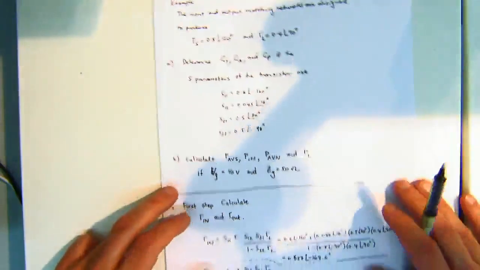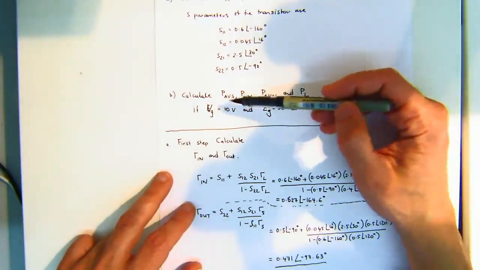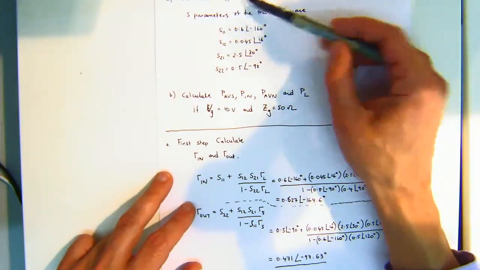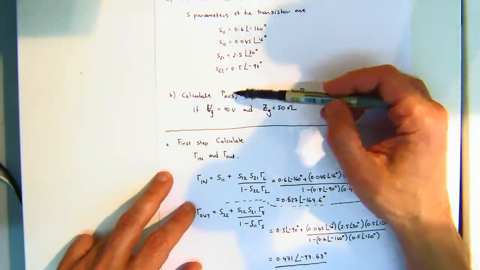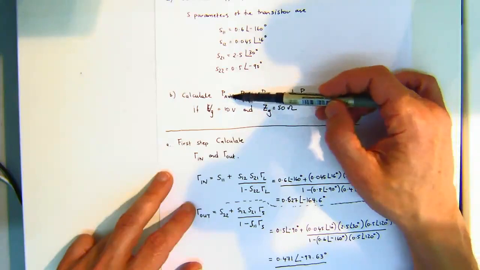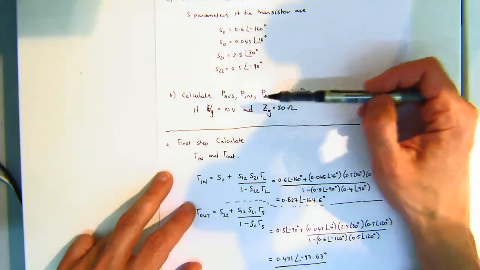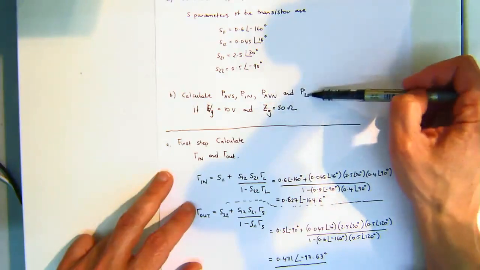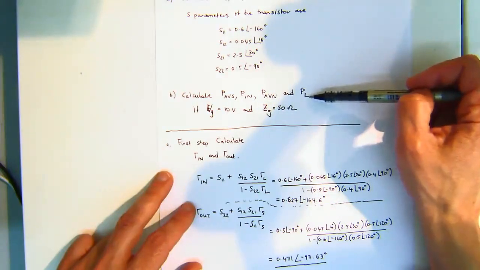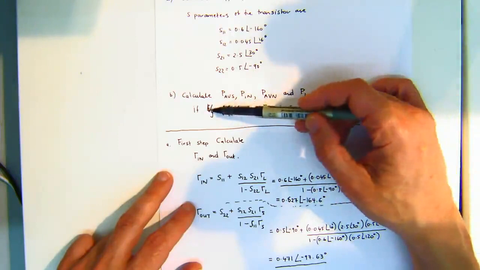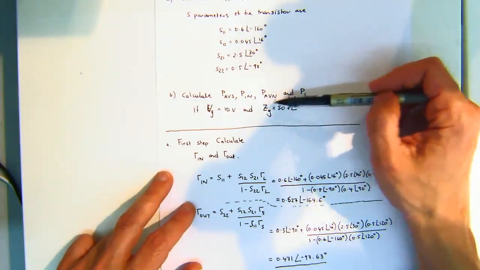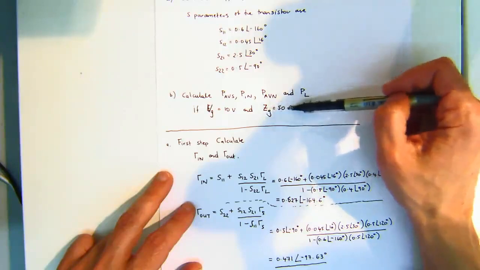Specifically, what we did then was to talk about, after we've determined these quantities, how can we use them to determine the power available from the source, the input power, the power available from the network, and the power that's delivered to the load. Assuming that the generator has a voltage of 10 volts and the generator source impedance is 50 ohms.